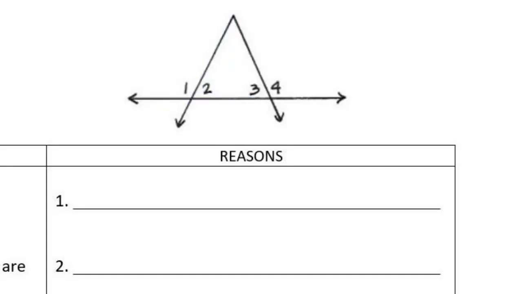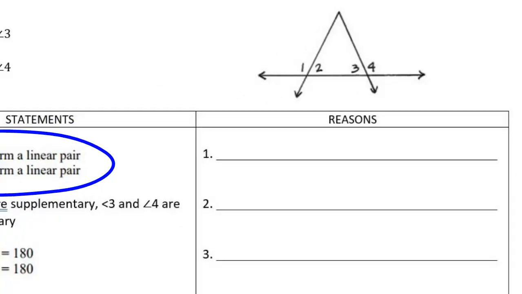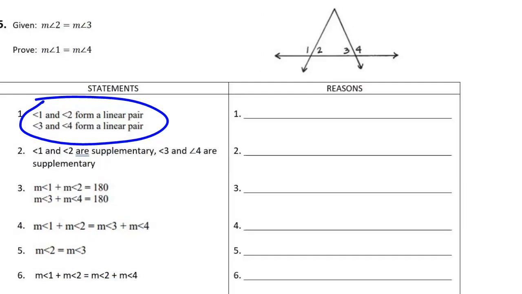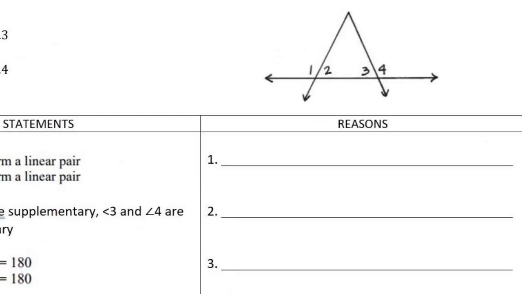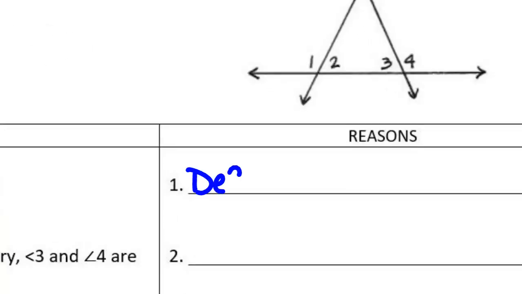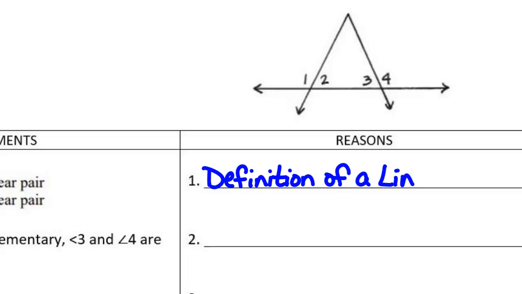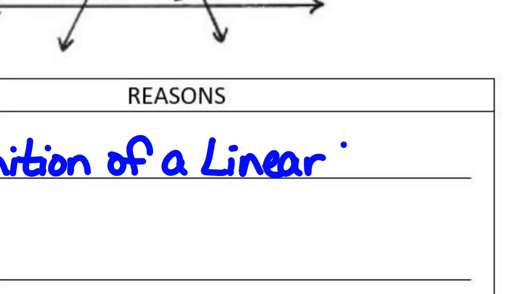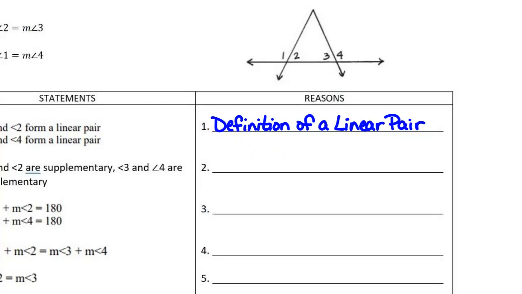What about angles 3 and 4? Also a linear pair. They share this side right here, and together they make this straight angle, this line. What would our reason for that be? Definition of linear pair. Looking at the picture, we said they form a linear pair, and that would be a definition of linear pair.